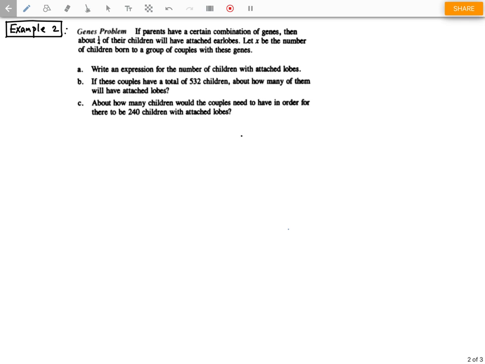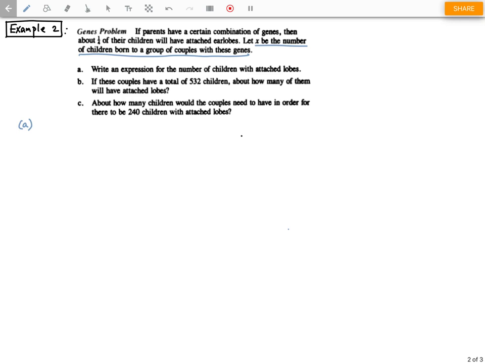If parents have a certain combination of genes, then about 1/4 of their children will have attached earlobes. Let X be the number of children born to a group of couples with these genes. Write an expression for the number of children with attached lobes.